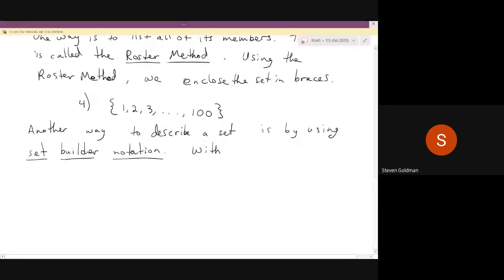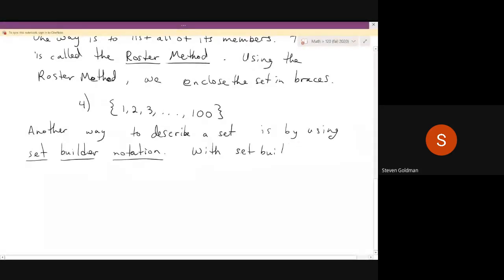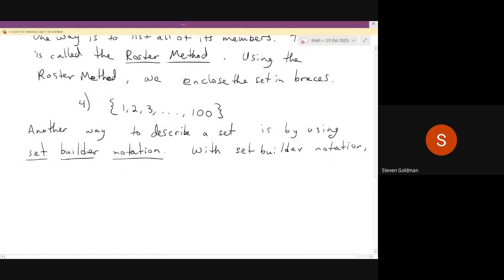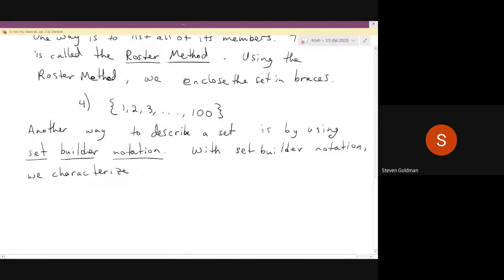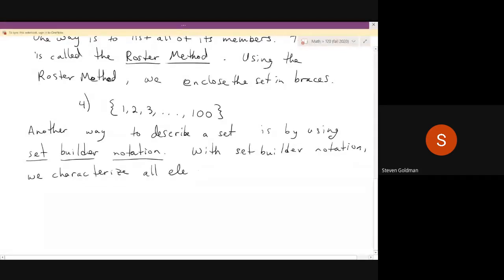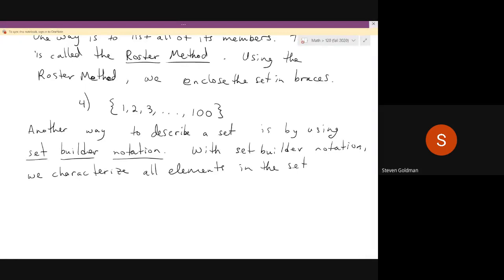With set builder notation, we characterize all elements in the set by stating the property or properties they must have to be members.